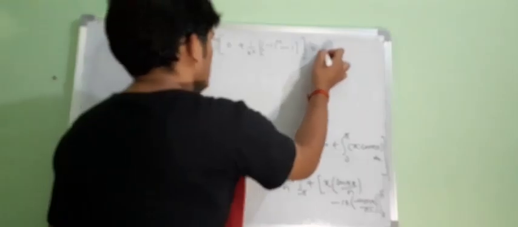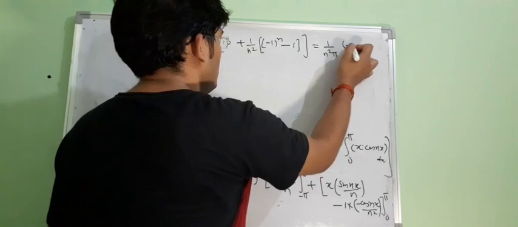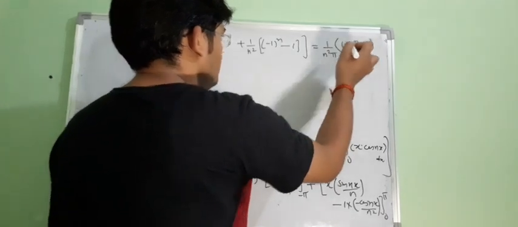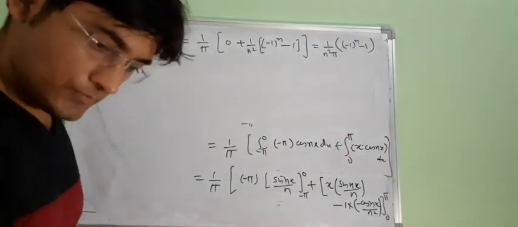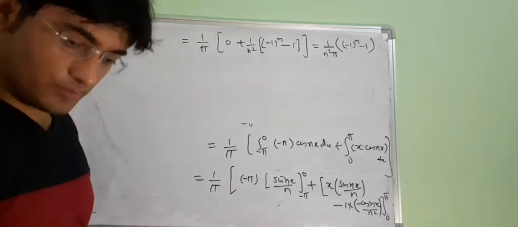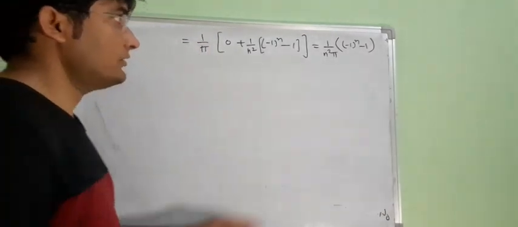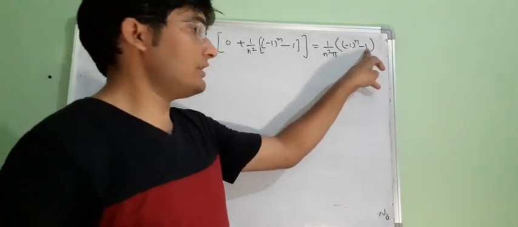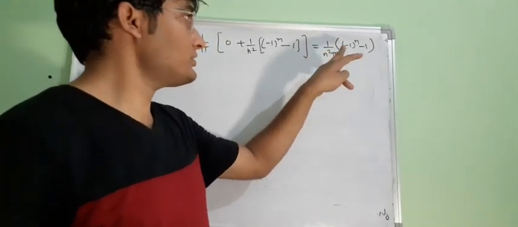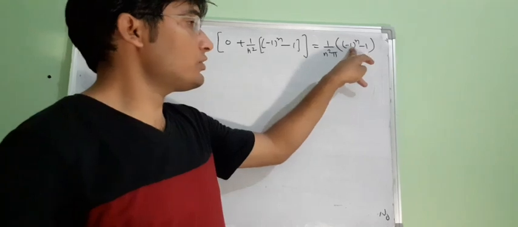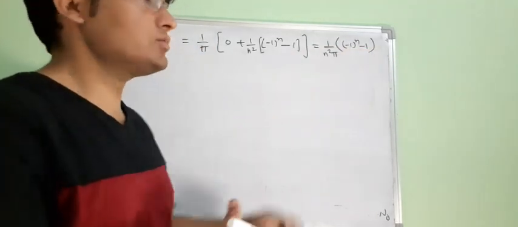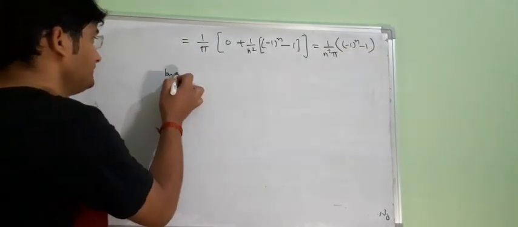So an will be 1 upon n square pi times minus 1 to the power n minus 1. And you can see that if n is odd, then this is minus 1 and it is minus 1, so this will be minus 2 times. If n is even, then this will be plus 1 and that is minus 1, so this will be 0.